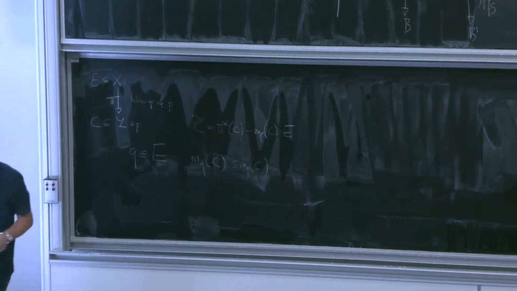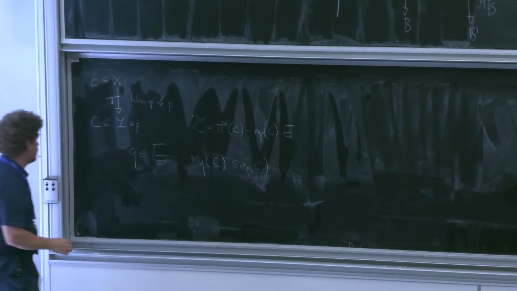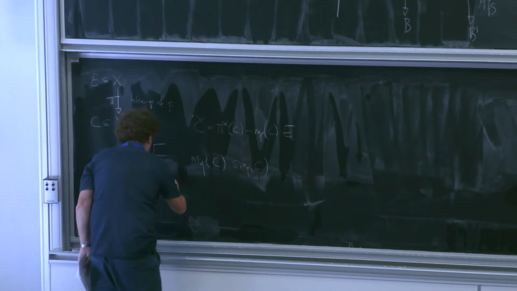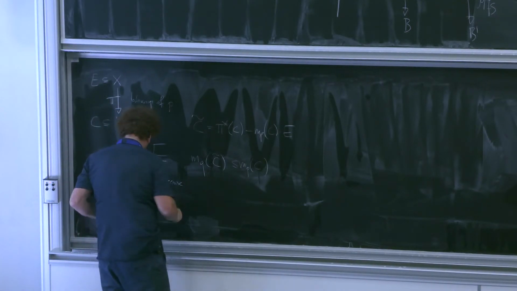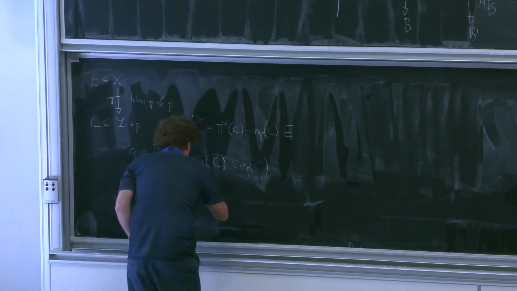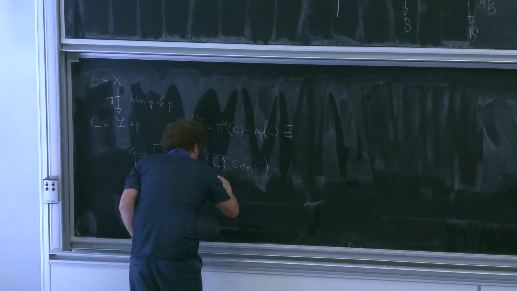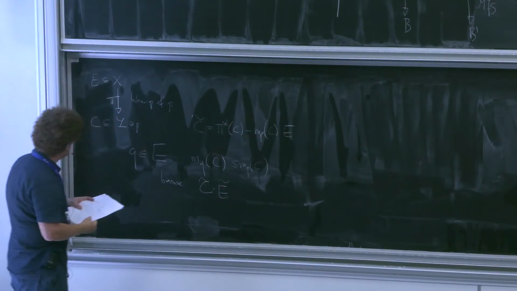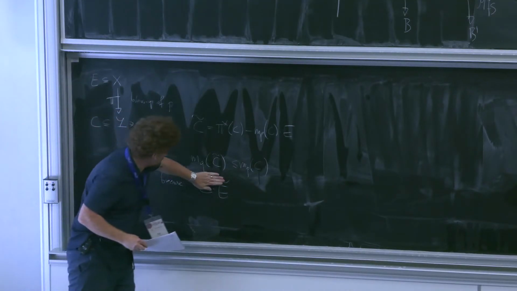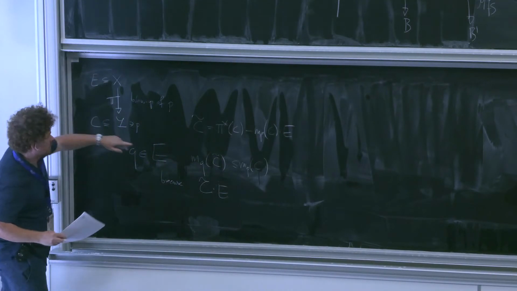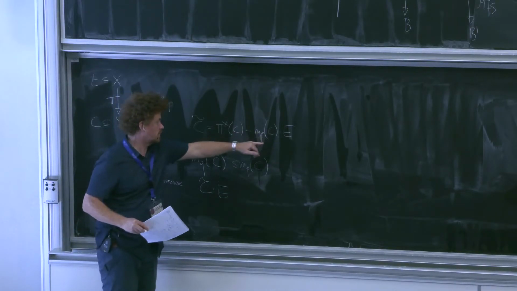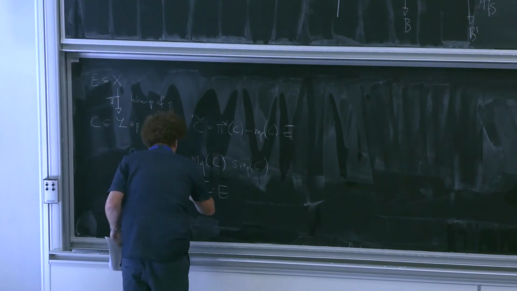Okay, so how do you prove this? It's just because of the result that I proved yesterday, but stated on Tuesday. If I intersect this, multiply by E, this is -1 times this, so it's m_P.